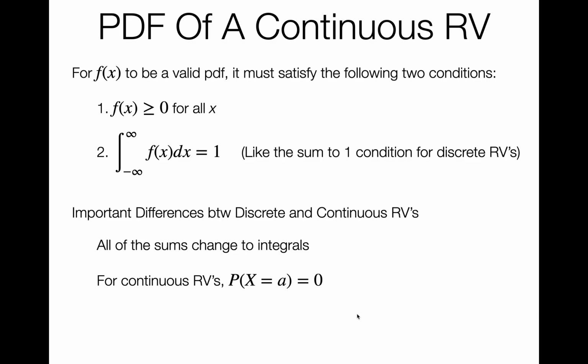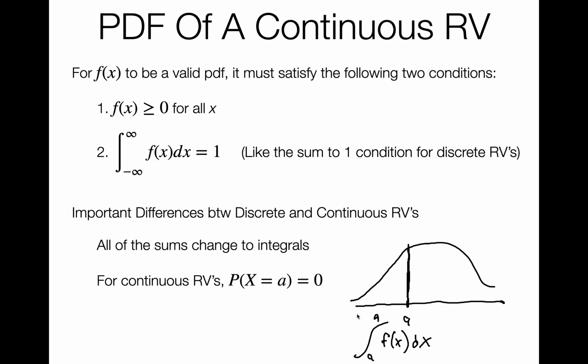A more convincing argument maybe is that if I'm looking for that exact point on, say, a density function, so I have a curve, I have some curve here, and I want to find probability at a single point A. How would I find that area there? Well, it's an integral from A to A of f of x dx.